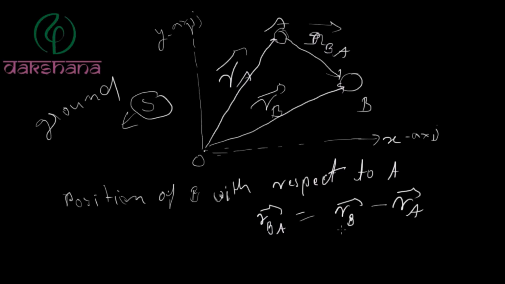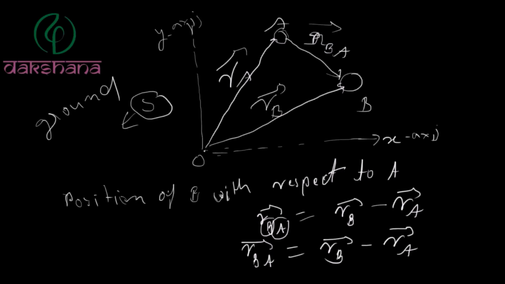Here RB and RA are the positions of B and A with respect to the ground, or with respect to some frame that is attached to the ground, and RBA is the position of B with respect to A. Here A is the observer and B is the object under study. So RBA equals RB minus RA.